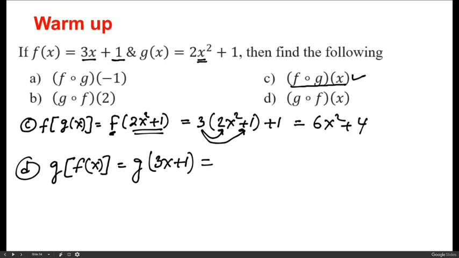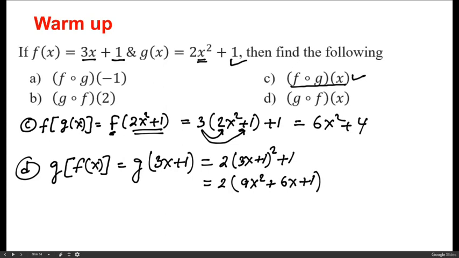So in place of x, you plug in 3x plus 1, so 2 times (3x plus 1) squared, and there is this plus 1. 2 times, first you FOIL that, 9x squared plus 6x plus 1, plus 1, which will be equal to 18x squared plus 12x, 2 times 1 is 2, plus 1, so it will be 3. So that is the end of this example here.